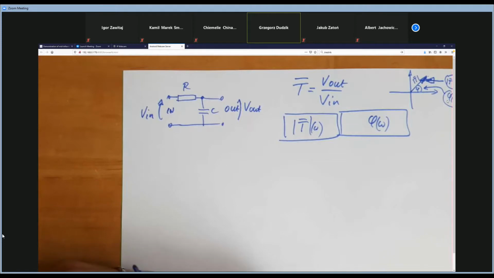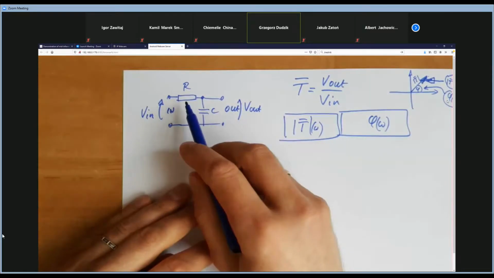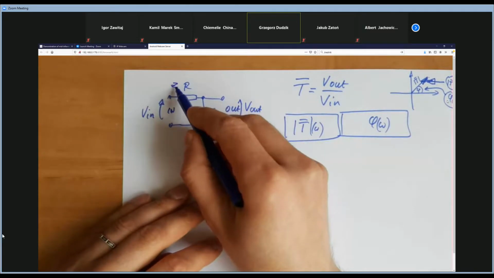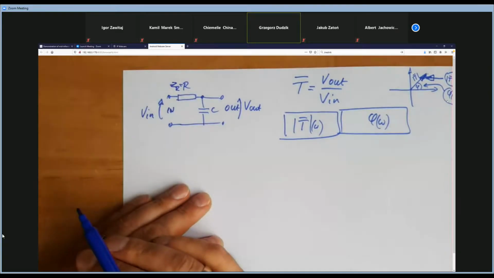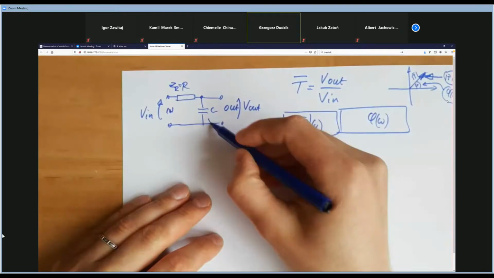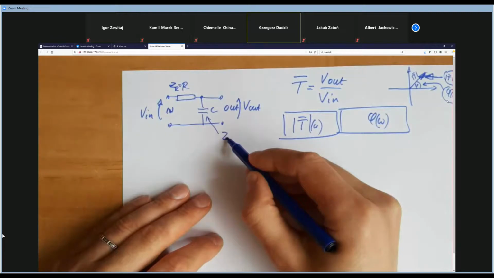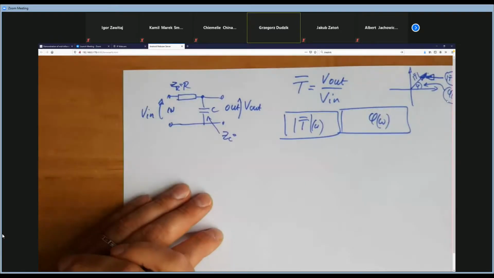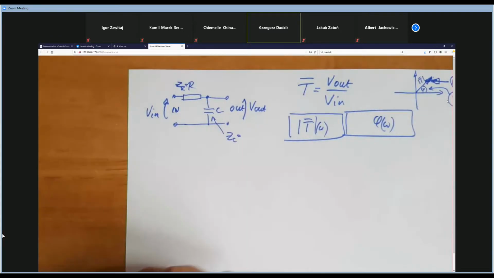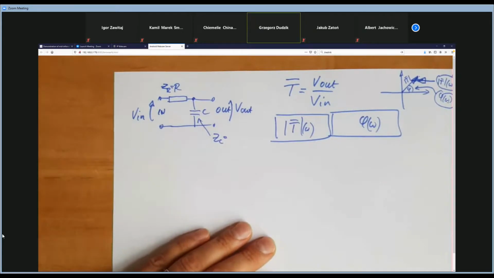We've got signals which have some frequencies, so we have to operate on the impedances. We know that the impedance of a pure resistor is just R. My question is, what is the impedance of a pure capacitor? How much is it, please tell me, in the frequency domain.